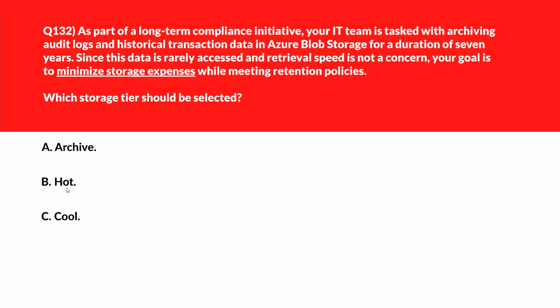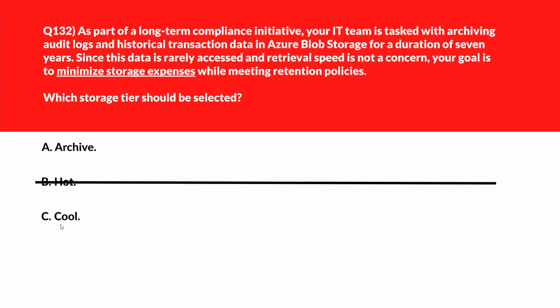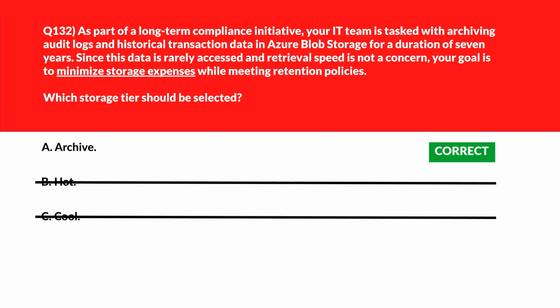We don't want to increase the cost. Now let's move to C. C says cool. Cool tier balances storage cost and is suitable for data with infrequent access over mid-term retention periods. So this is not as good as archive. So we'll delete option C, that is cool, and lock option A, archive, as the right answer.